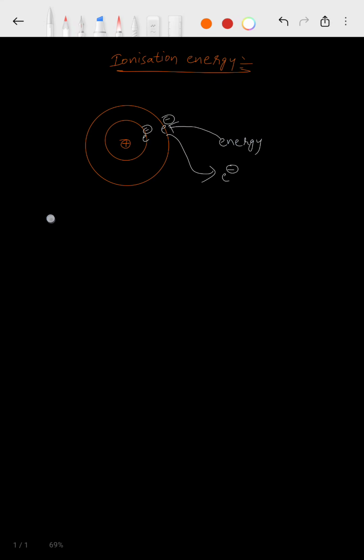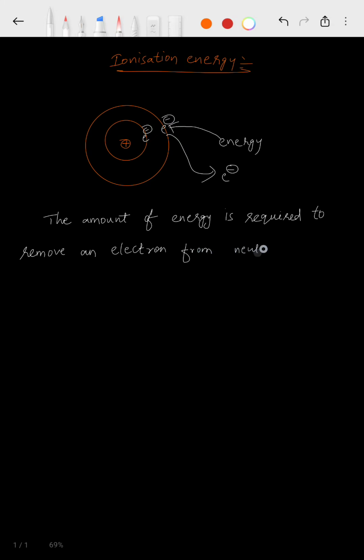So we can write the statement, right? The amount of energy required to remove an electron from a neutral isolated atom is called ionization energy.